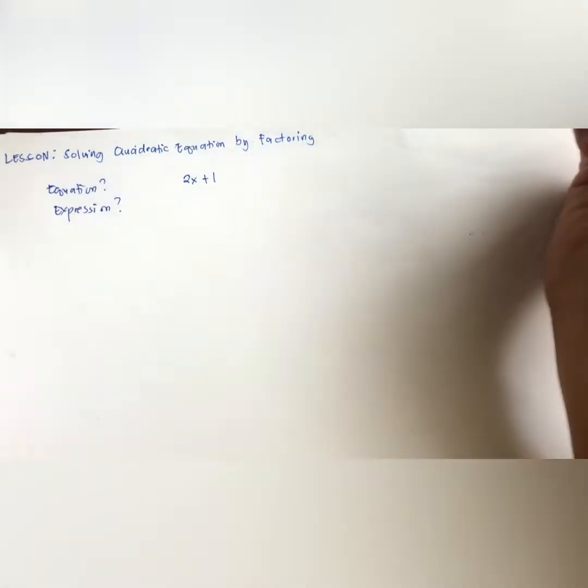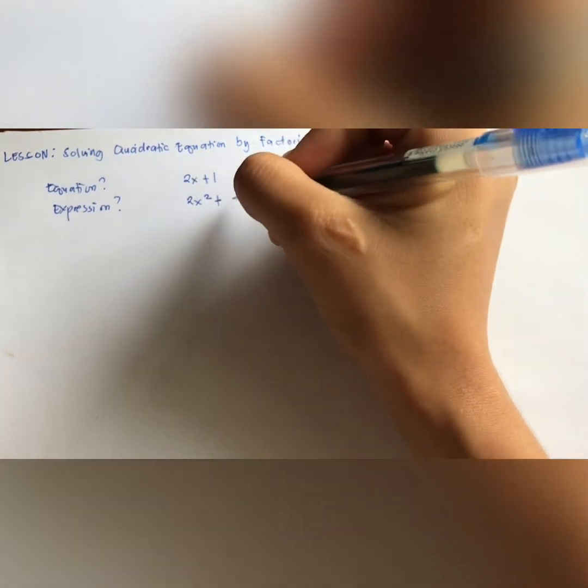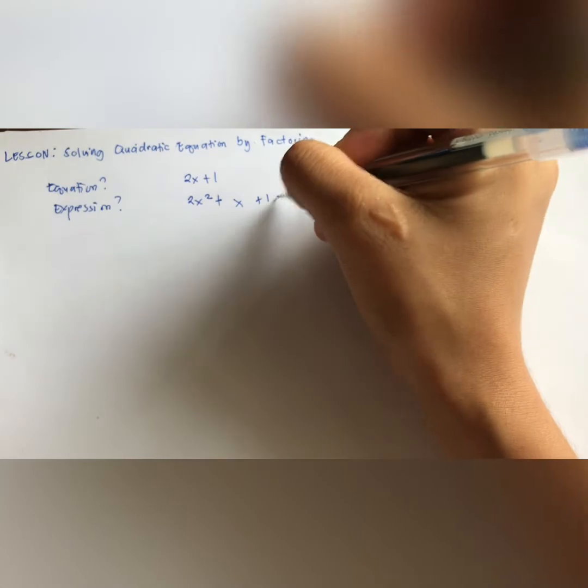So if I have 2x plus 1, can we call that thing an expression or an equation? What about if I have in here 2x squared plus x plus 1 equals 0? Is that an equation or an expression?